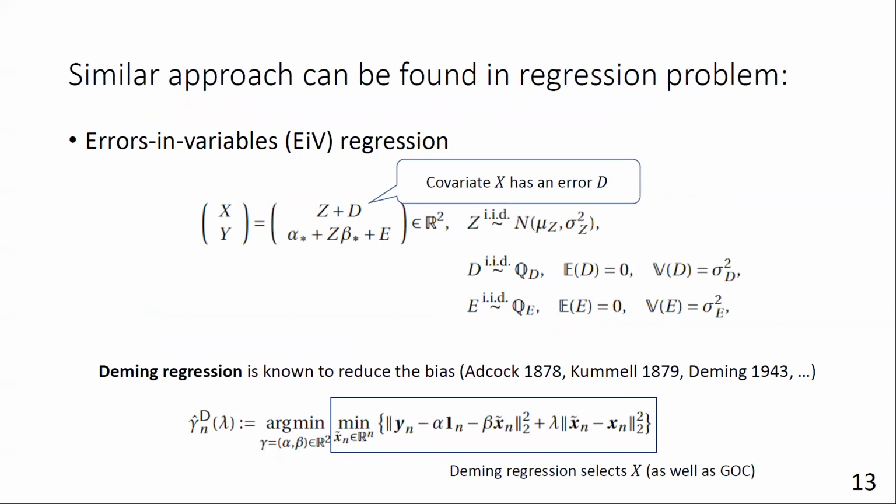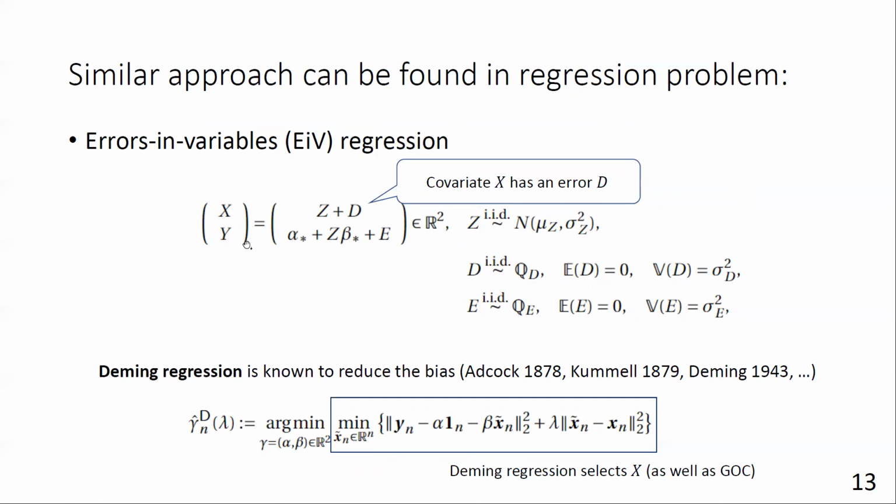And actually, introducing the optimistic perspective to statistical methods is not that new. Similar approaches can be found. Maybe the most famous one is called Deming regression, solving so-called errors-in-variables regression. As you know, most standard regression problems consider a covariate without error, but in errors-in-variables regression, errors are included even in the covariate. The covariate is represented by X here.